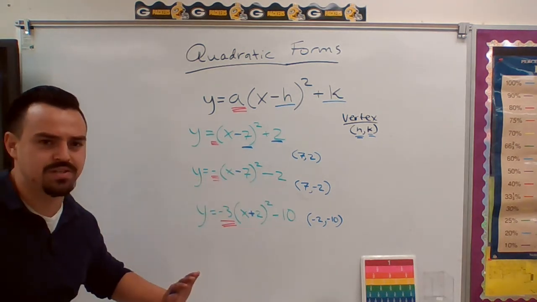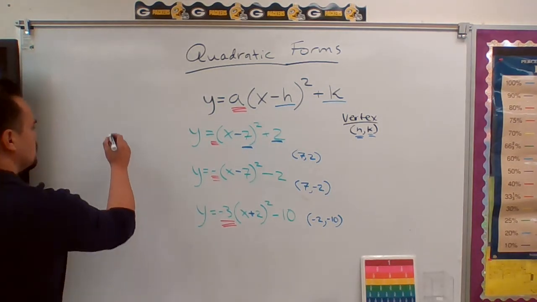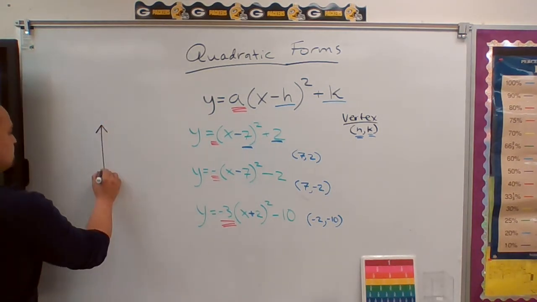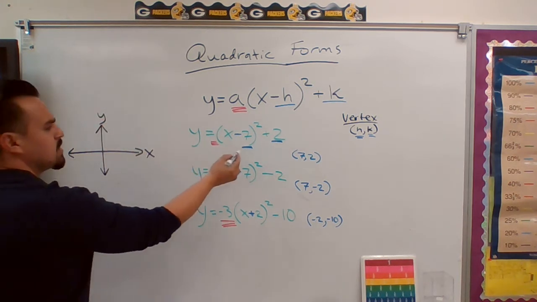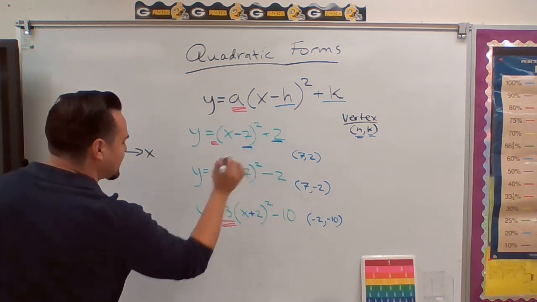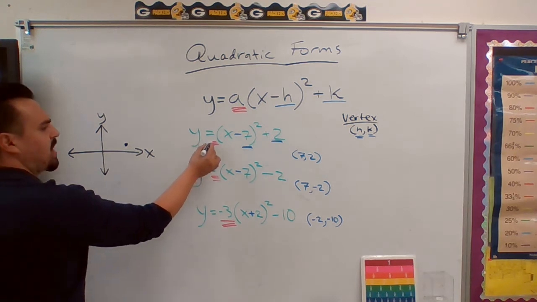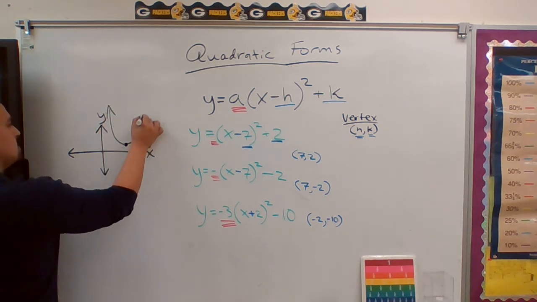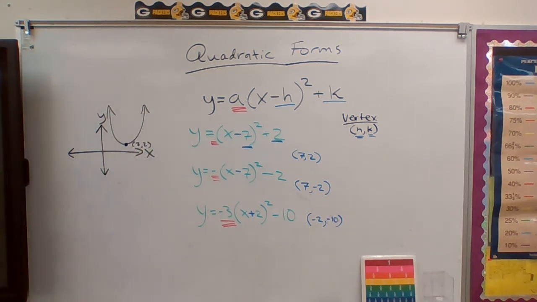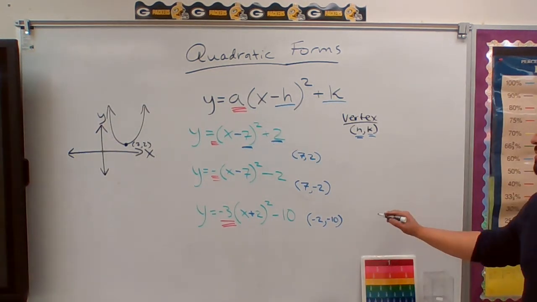Those are our vertices. I'll just graph a couple of them. Do the top one first. X, Y. This one has a vertex at 7, 2. So 7, 2, something like that. It is positively sloped. So if that's the vertex, 7, 2, it'll look something like that. Let's look at the bottom one now.